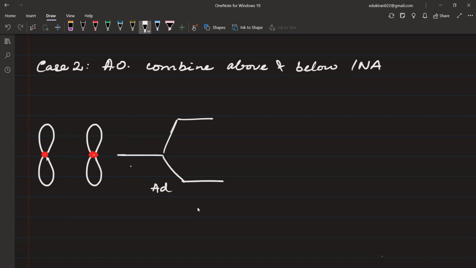So in the case of addition, we are going to get, see, this lobe and this lobe, they will combine with each other. This is my internuclear axis here. They are going to combine with each other. They are going to form electron cloud like this. And they are going to form electron cloud like this. इसी को नीचे कर देते हैं ना.